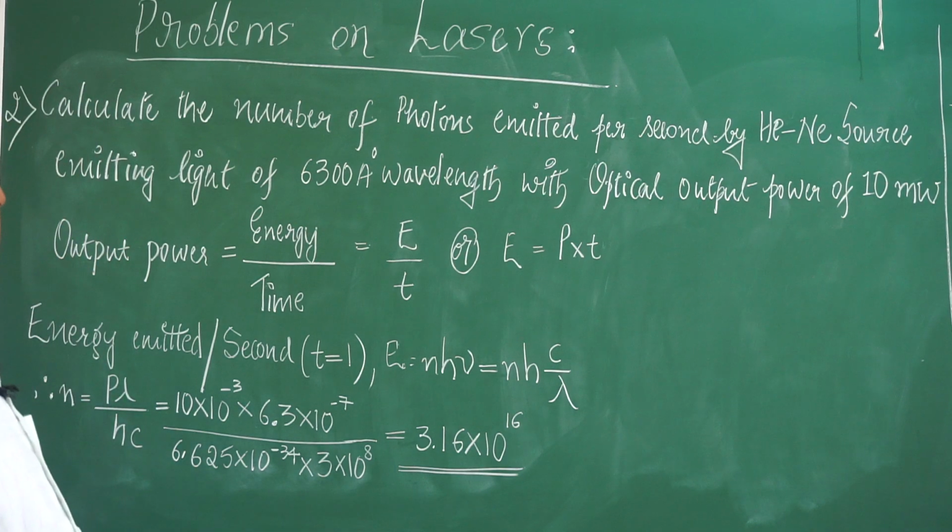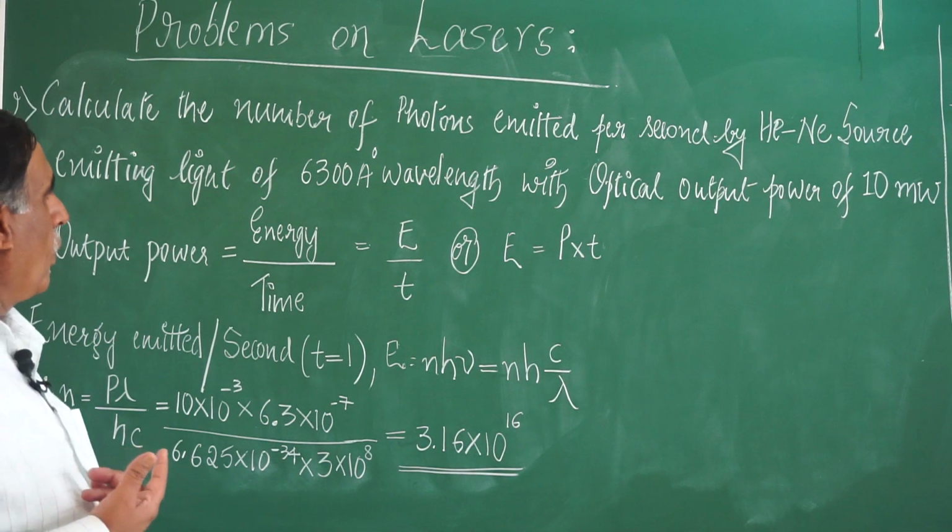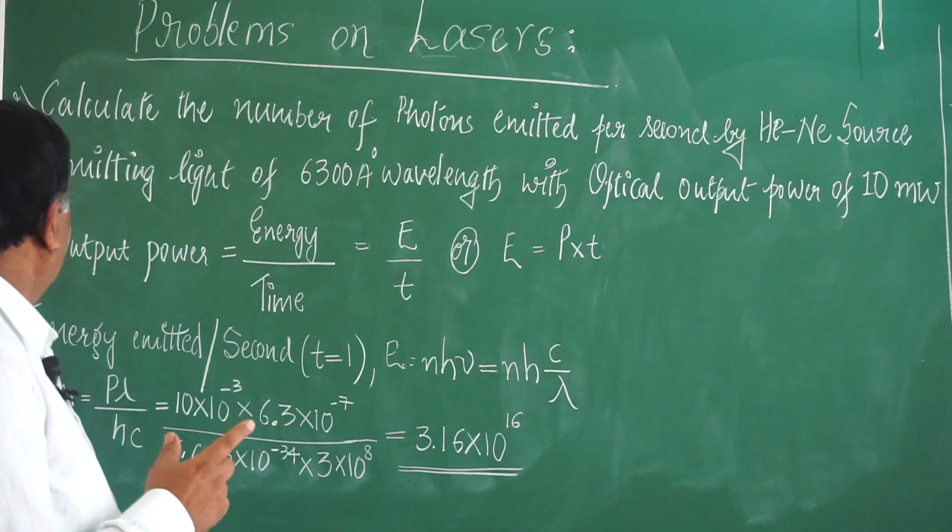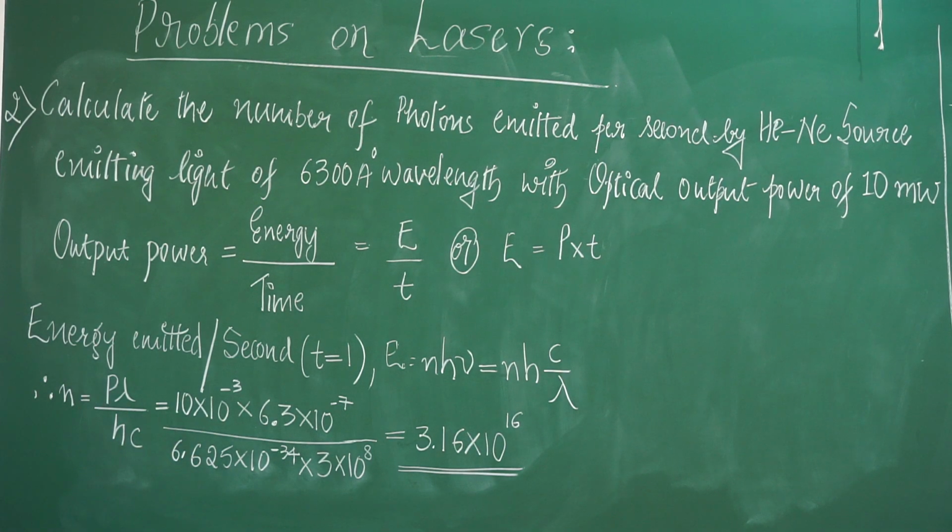As all of you know, power is equal to energy by time, E by T, or E is equal to P into T. Here T is equal to 1, because the output power is taken and the wavelength is given. So, we take T equal to 1, because energy is emitted per second.